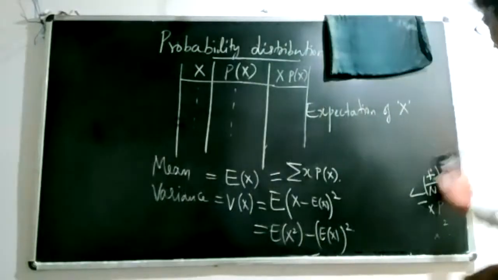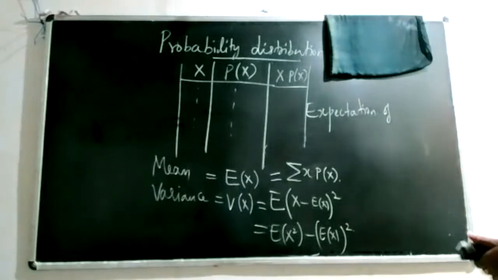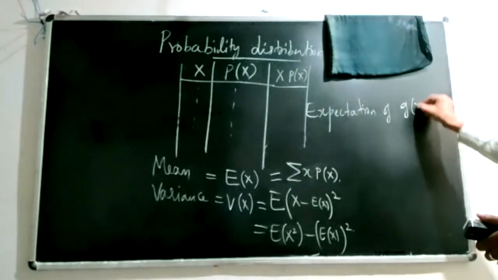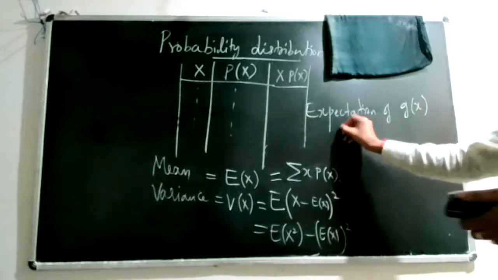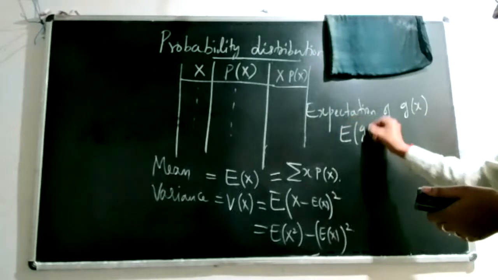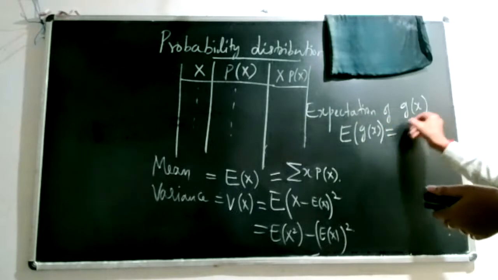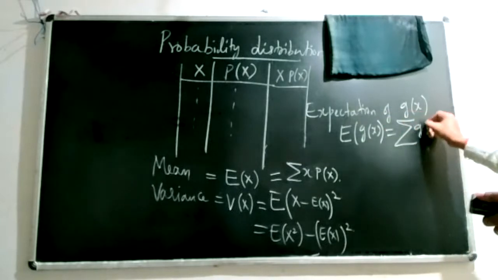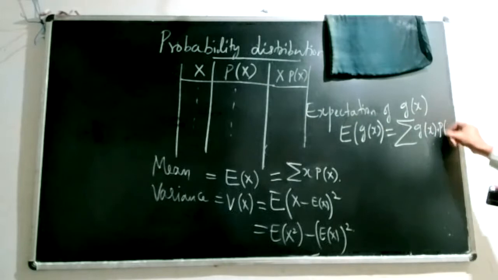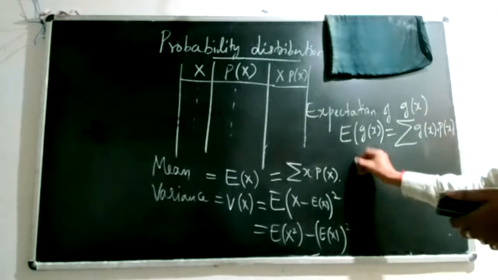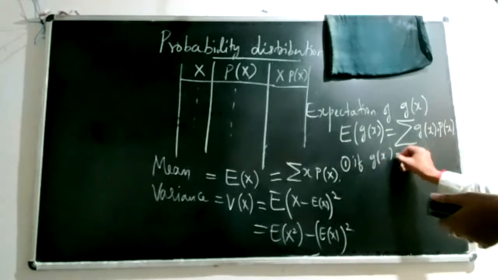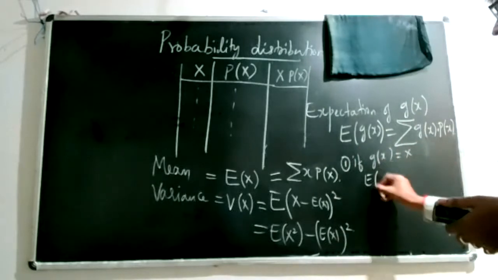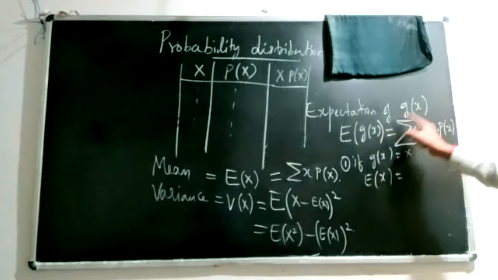Now this expectation, in more general terms, is defined for a function of a random variable, any function say g of x. Expectation of g of x is defined as the total of g of x into p of x. If you take g of x to be simply x, you get the mean E of x.